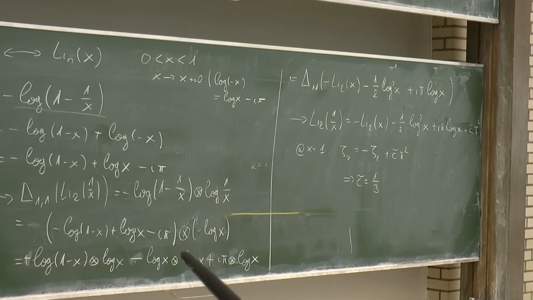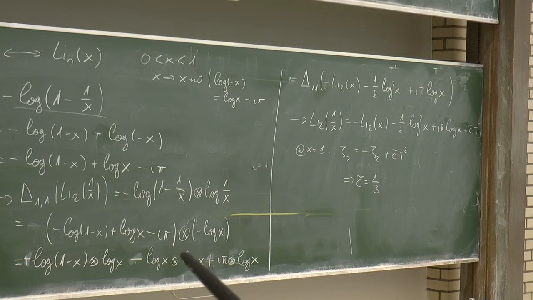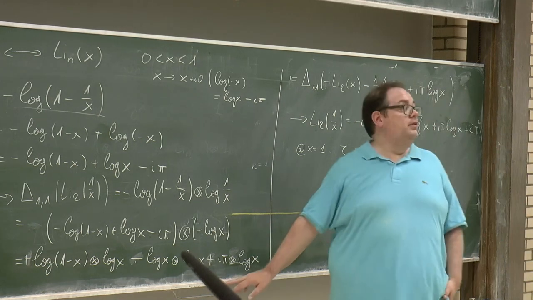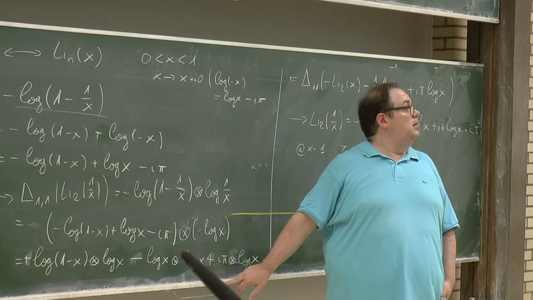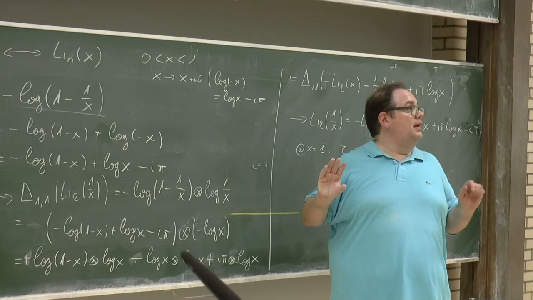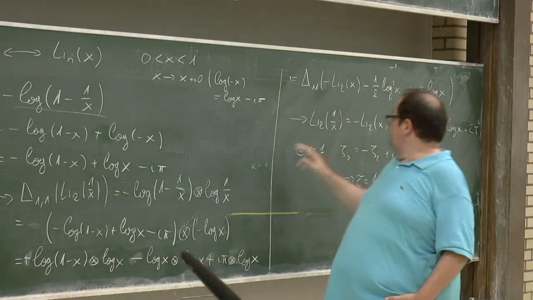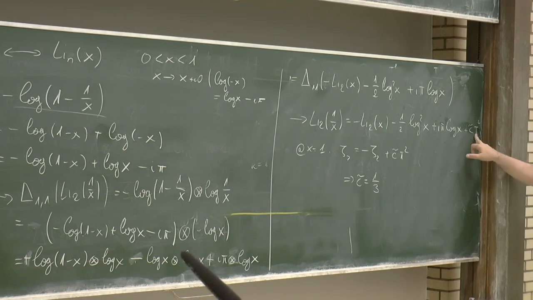So to prove this relation, we basically have one expression, a second expression, apply delta 1,1 to both, and so they're equivalent. Here I derived the expression, right? I did not say the two and one is the other. Here I'm really discovering this relation up to this pi squared.